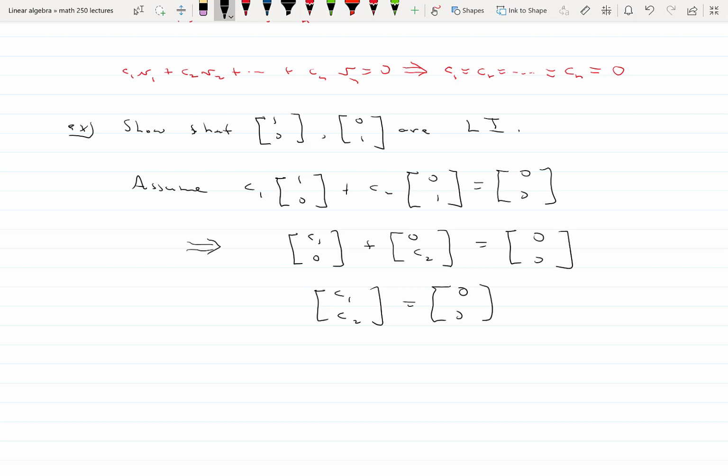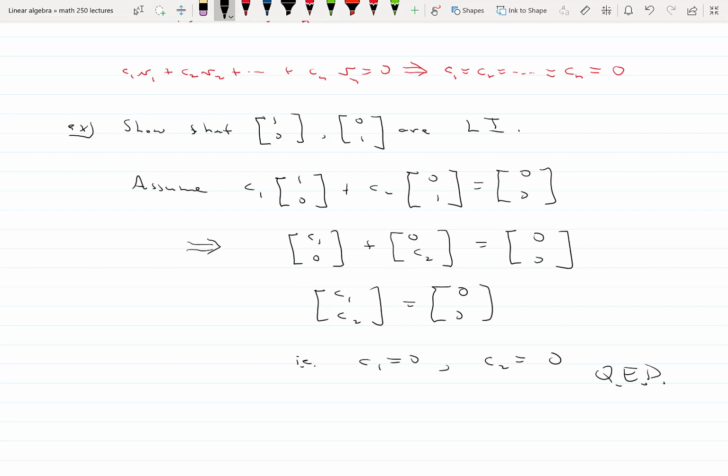And it's over. That is, C1 equals 0 and C2 equals 0. Two matrices are equal if and only if their corresponding entries are equal. This does it, QED. This shows that the set of standard basis vectors (1, 0) and (0, 1) are linearly independent.